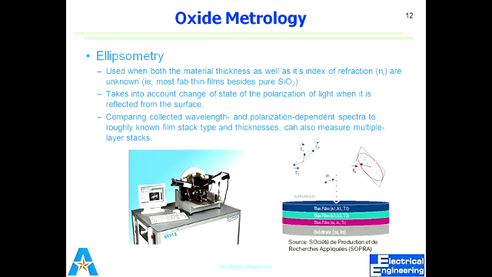Due to the reflection, the state of polarization changes, and the extent to which it changes is detected by the detector, and the extent of the change is used to calculate the thickness of the oxide that we have on that wafer.